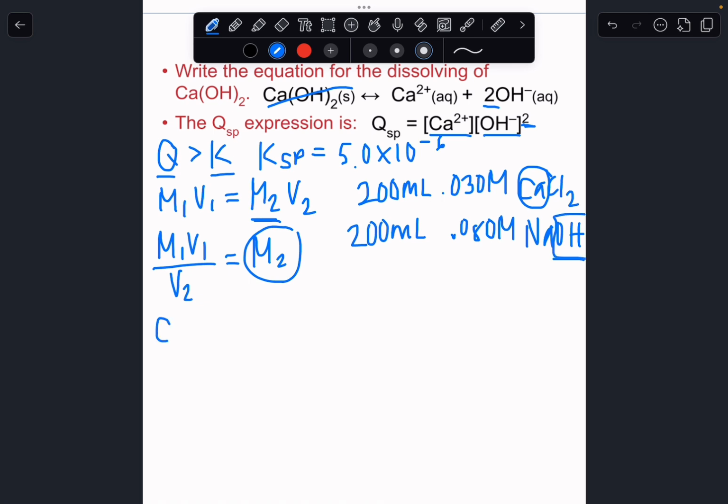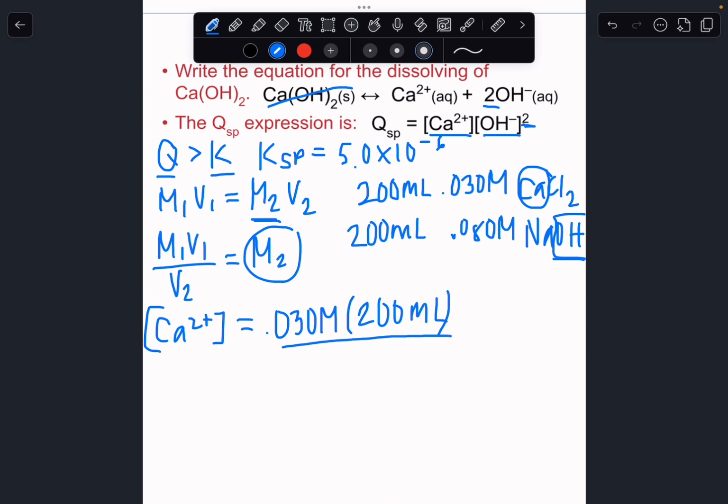Okay, so Ca2 plus, that M2 concentration is going to equal M1, which is 0.030 molar, times 200 milliliters, which you had originally. And you want to divide that by the final volume that you get.